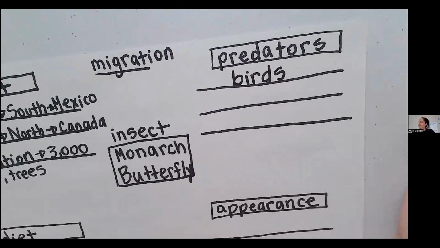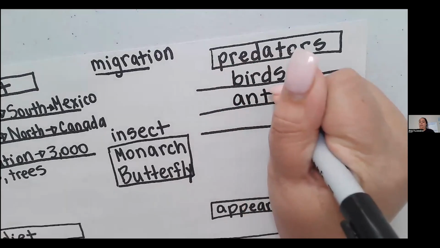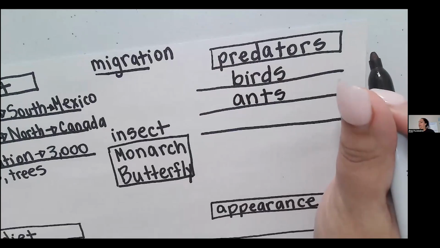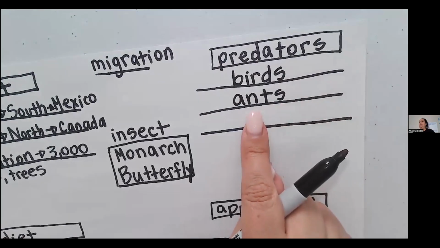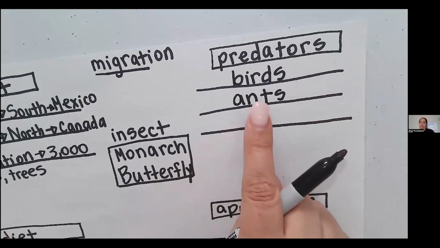And you might think, isn't an ant tiny? How can an ant eat a butterfly? Well, maybe you know that butterflies start off as eggs, they get a little bigger, they become caterpillars. So an ant is a big enemy to monarch butterfly eggs and to caterpillars.